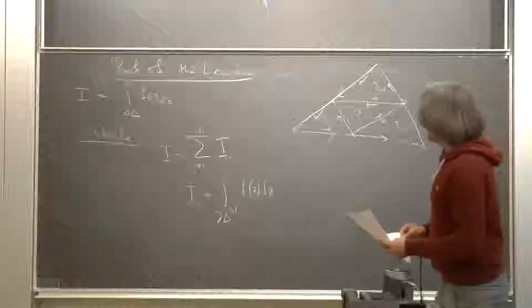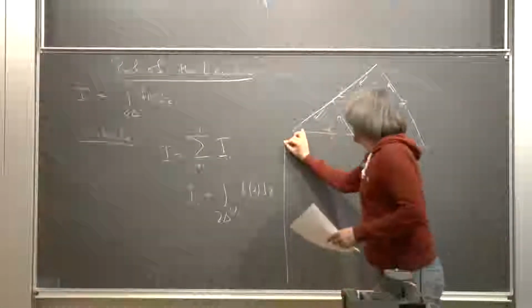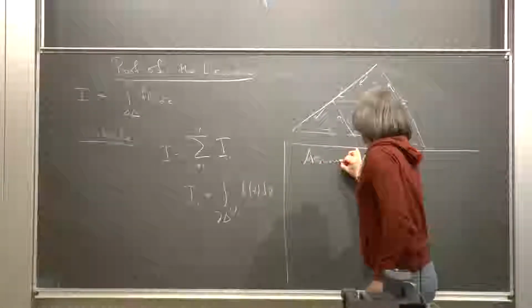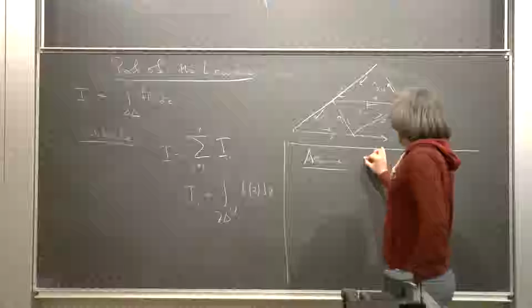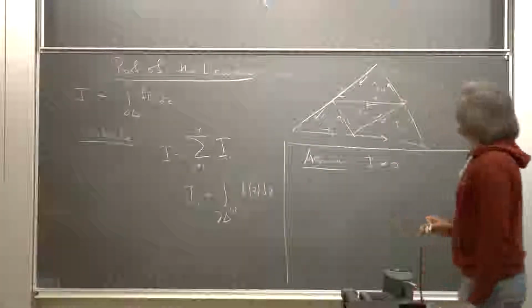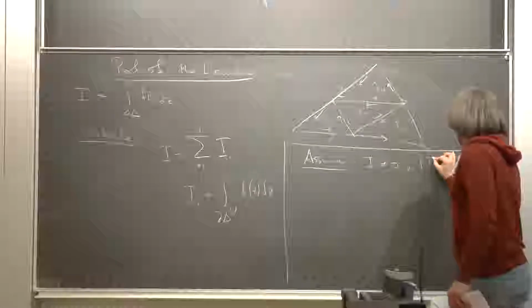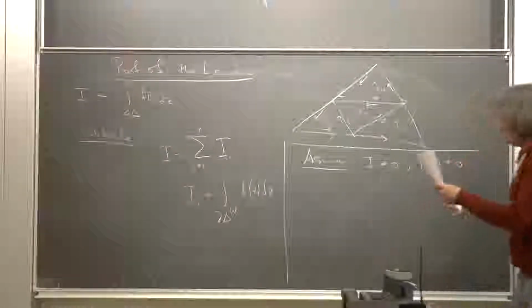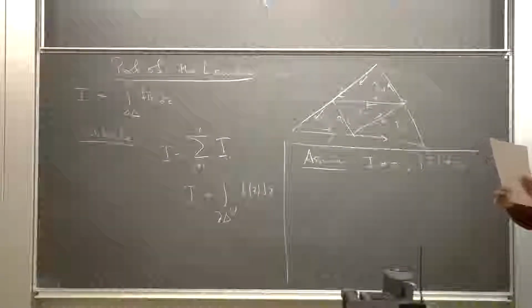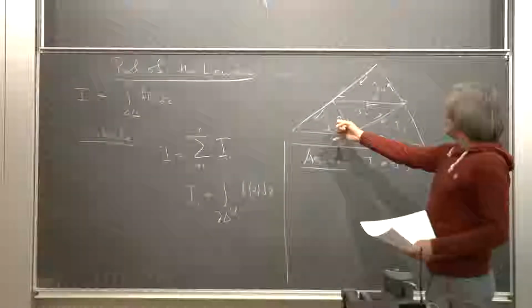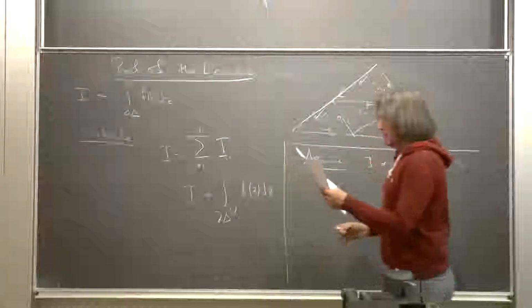So we assume that I is not 0, and then the absolute value of I is not 0. So take one of these integrals.